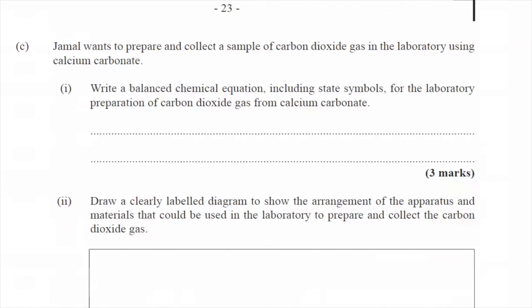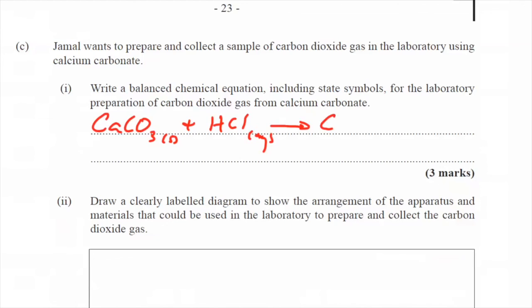Part C. Jamal wants to prepare and collect a sample of carbon dioxide gas in the laboratory using calcium carbonate. Part 1. Write a balanced chemical equation including state symbols for the laboratory preparation of carbon dioxide gas from calcium carbonate. So calcium carbonate is a solid, HCl aqueous, that's an acid.